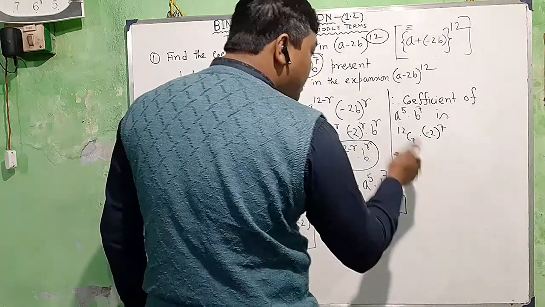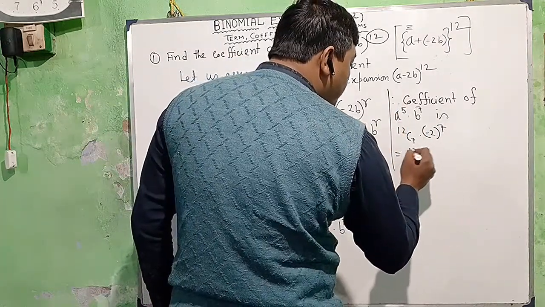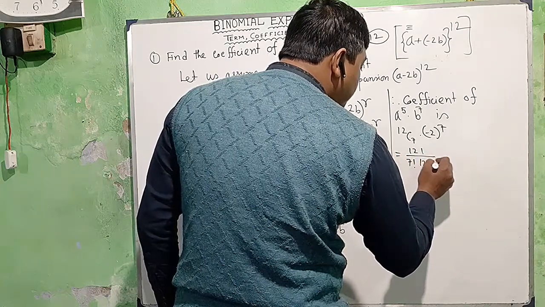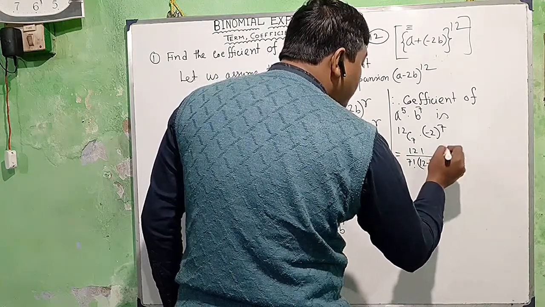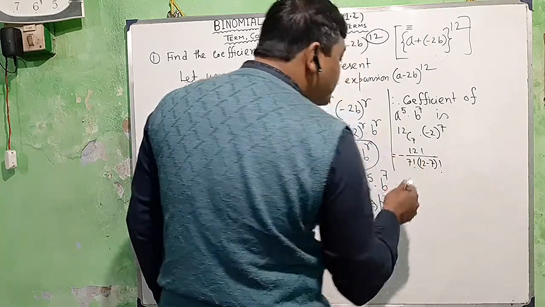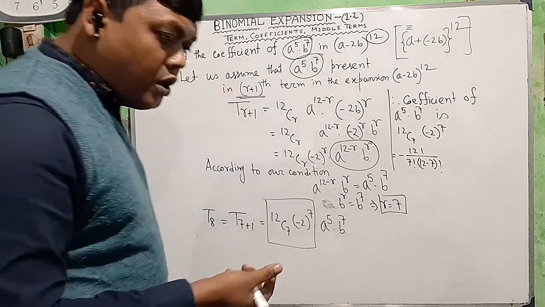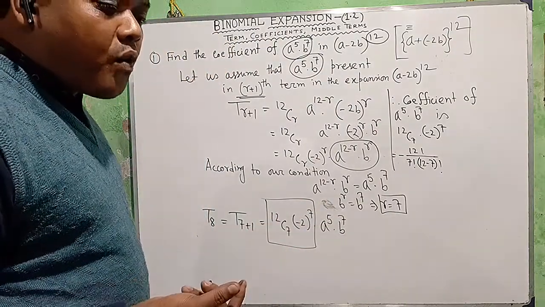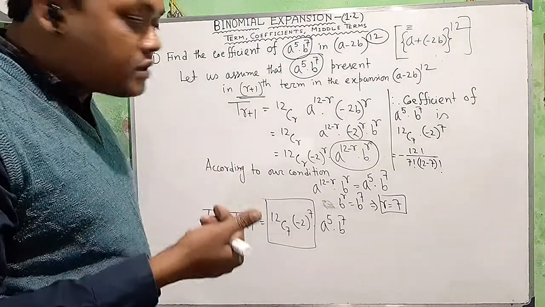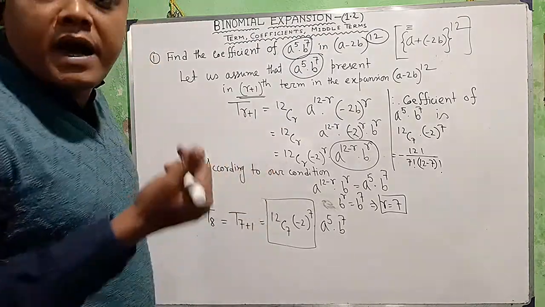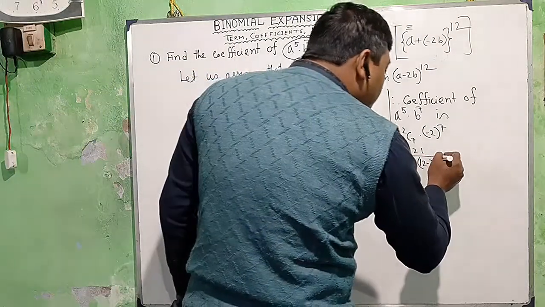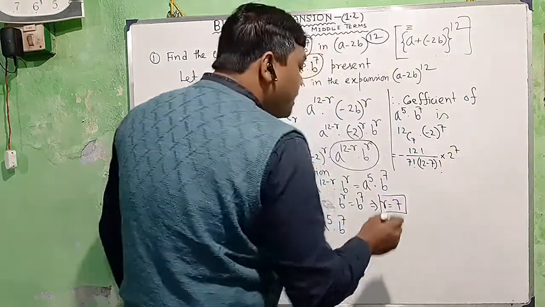So I calculate here: 12 factorial by 7 factorial into 12 minus 7 factorial, and minus, because if I multiply minus 2 seven times, minus 1 whole to the power odd always gives minus. So an odd number of multiplications of minus 2 always gives a minus sign. So we can write 2 to the power 7 also.